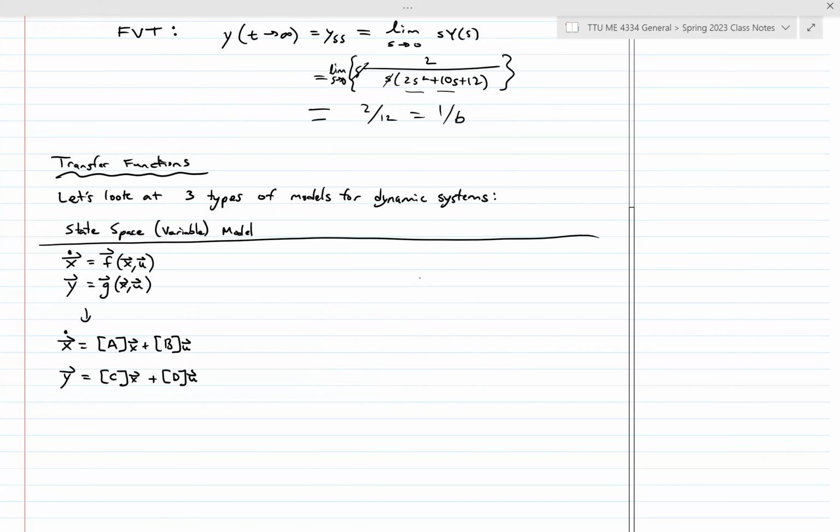We can write that a different way here. State space models are n first order ordinary differential equations, where n is the number of states that we have. So we can see there is no x double dots in here. There is no x1 dot equal to x2 dot plus x3 or something like that.